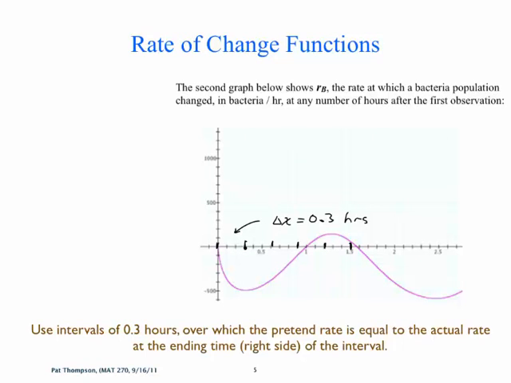The right side, or the ending time, is 0.3. And so we want to use the actual rate at 0.3 to be the pretend rate for the whole interval. So how would you express the pretend rate for the first interval? What is the actual rate at 0.3?